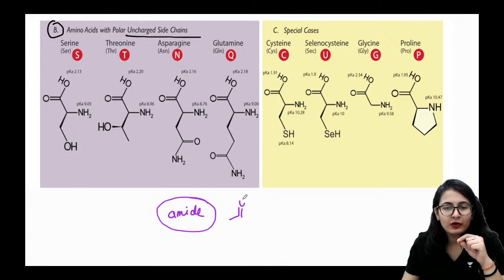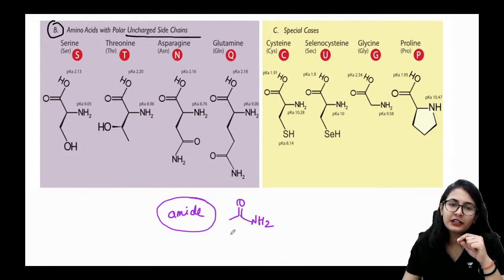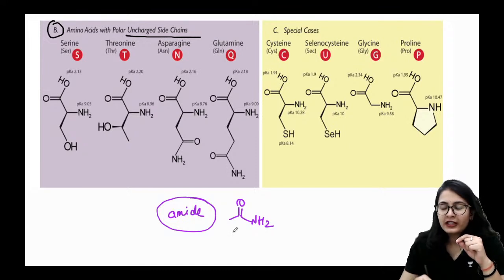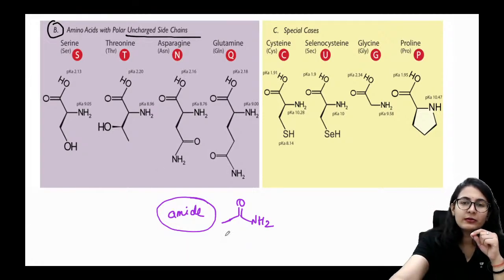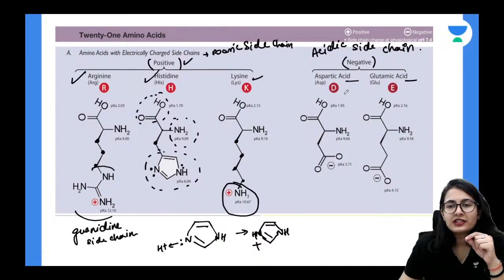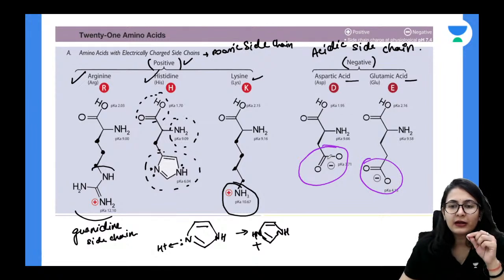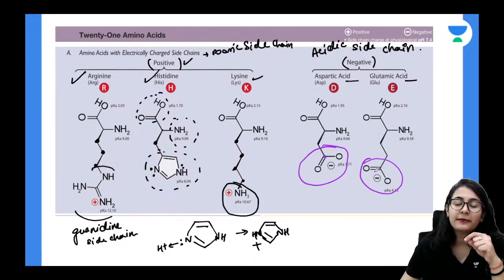Because amide is polar but it is not going to have any charge. It will stay neutral. Neutral groups are there. Okay? So where is the amide? Yes, you have aspartic acid, you have glutamic acid. Two of these acids, look, we just saw, negative side chain aspartic acid and glutamic acid. Now these have a carboxylic acid, make an amide of them, what will form?